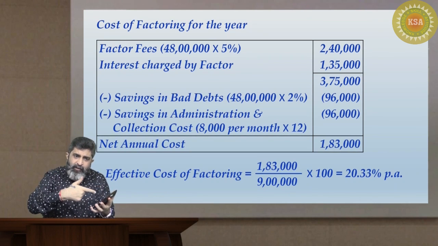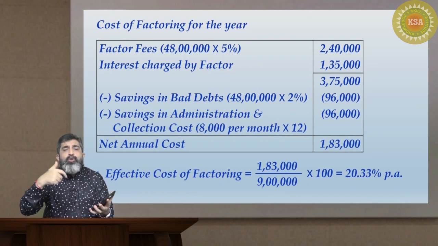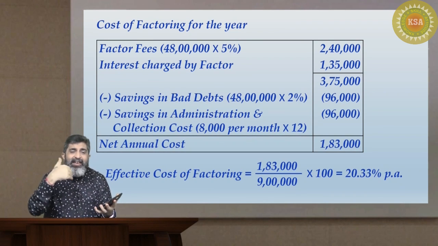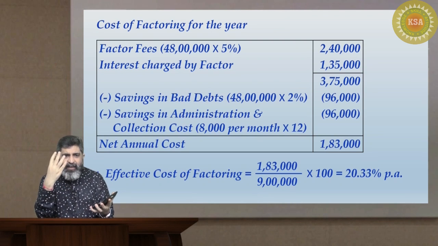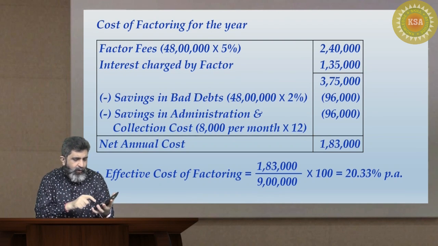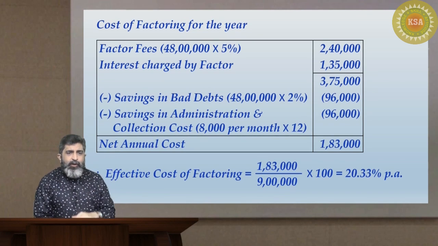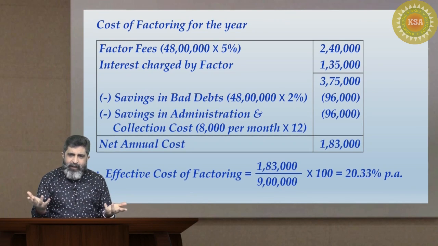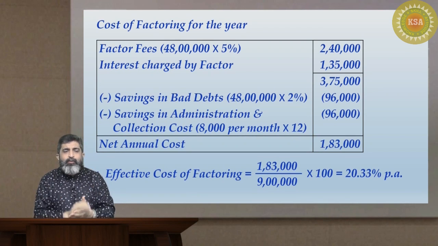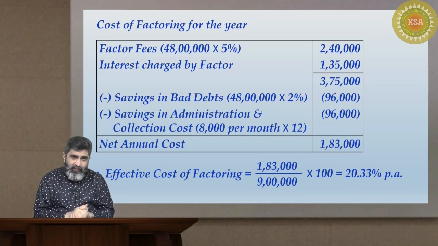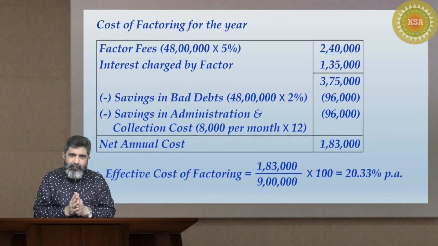So 33,750 is the interest cost for one cycle. For the entire year, where there will be 4 cycles, you multiply by 4 to get 1,35,000, which we have already reported on top, because we wanted to calculate for the entire year, not for just one cycle.